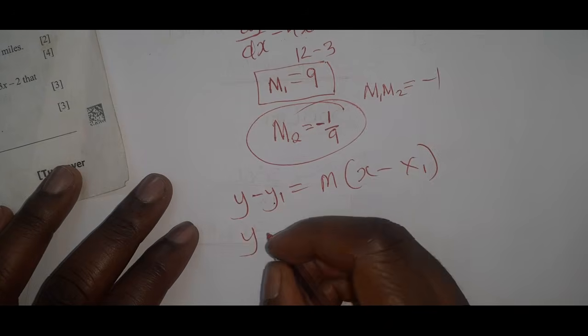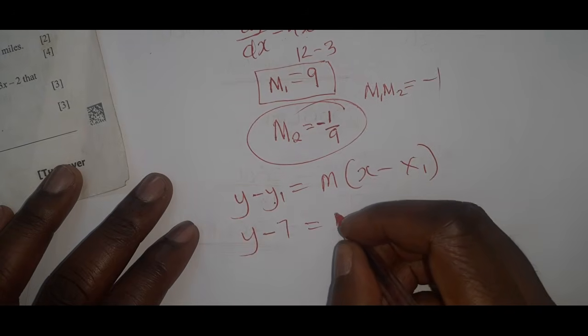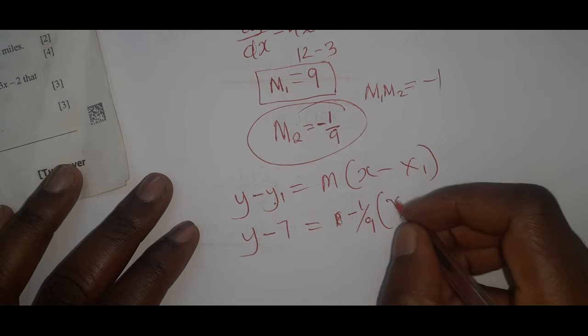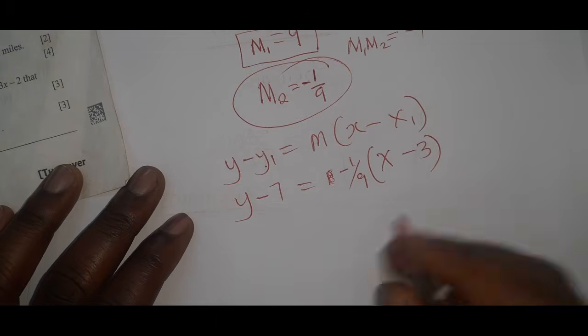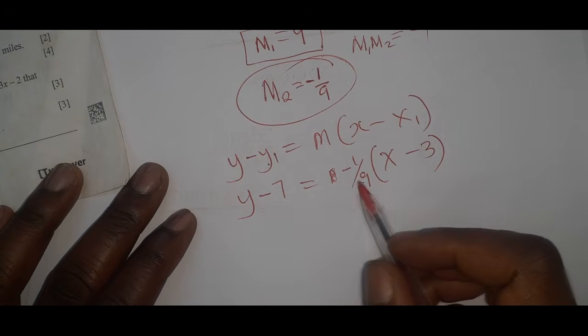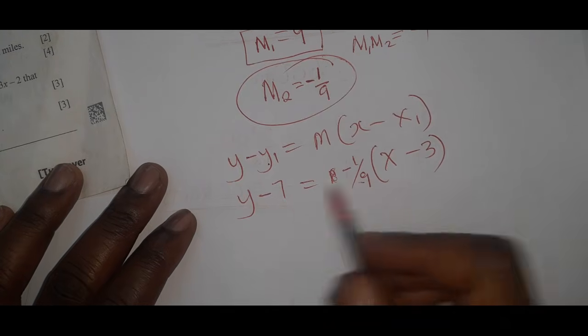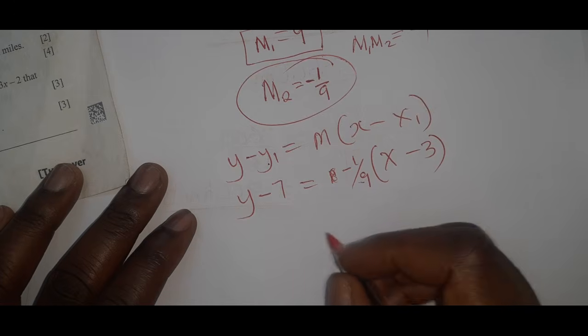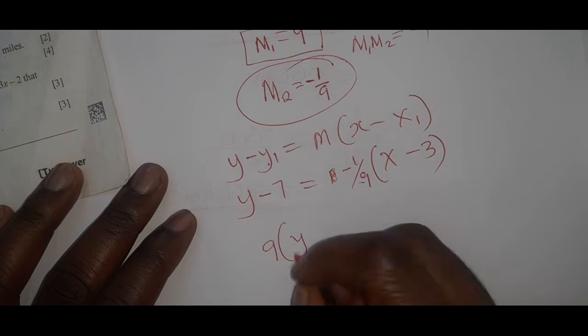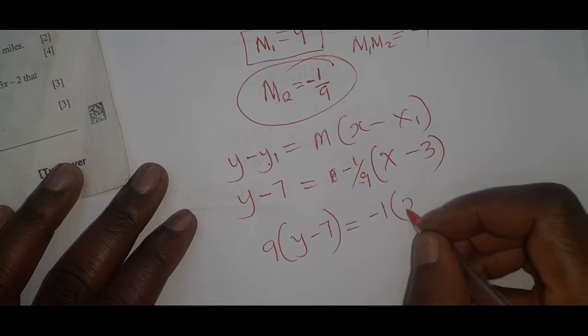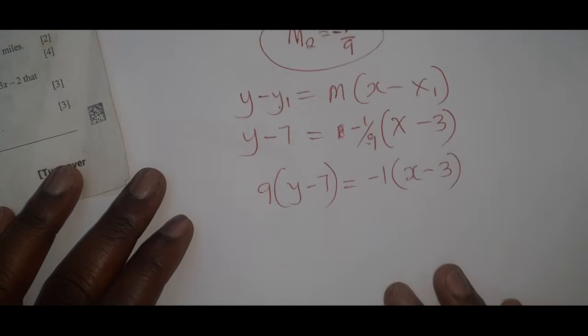So we'll say y minus 7 is equal to -1/9 (x minus 3). So this is going to go on as we cross multiply. 9 comes this side, isn't it? 9 can come the other side, so that we can have 9(y minus 7) is equal to negative 1(x minus 3).